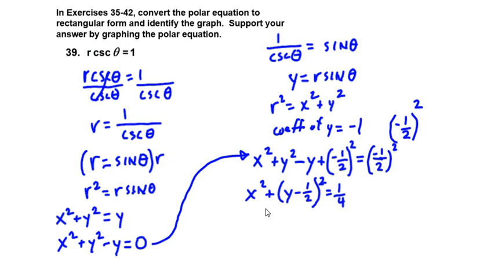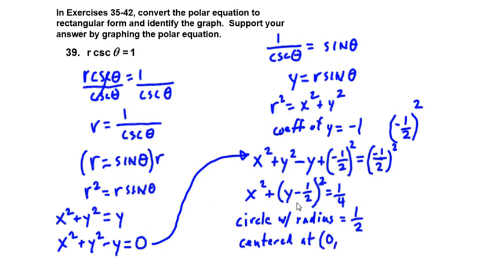Okay, so that's our equation, and this is of a circle with radius equals 1/2, and that circle is centered at the coordinate pair 0, comma, we have y minus 1/2, so that's going to be a plus, because we have the y minus k, circle 0, comma 1/2.